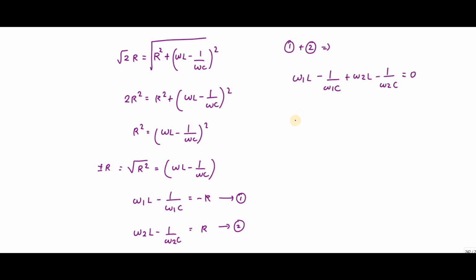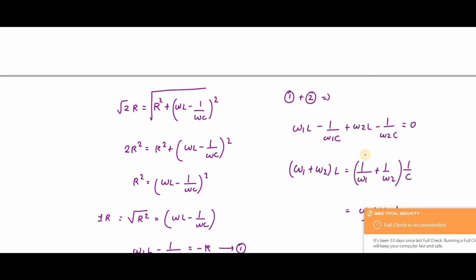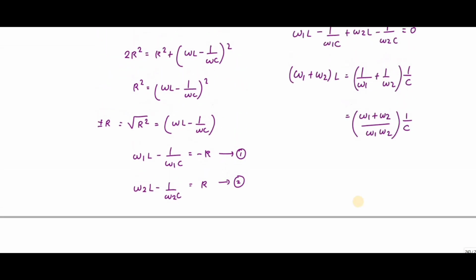So if I take L common, I will get omega 1 plus omega 2 times L is equal to 1 divided by omega 1 plus 1 divided by omega 2, divided by C. So this is equal to omega 1 plus omega 2 divided by omega 1 omega 2, times 1 divided by C. So here omega 1 plus omega 2 gets cancelled out, and we will get omega 1 omega 2 is equal to 1 divided by LC. Okay.